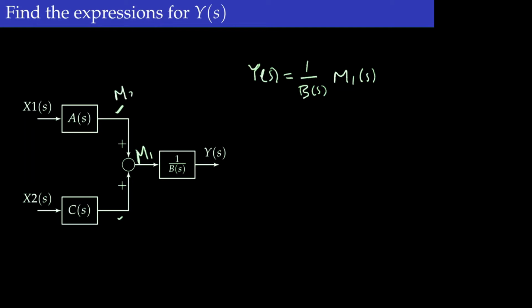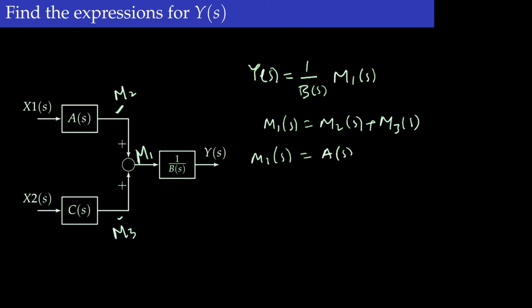If I give this one M2 and this one M3, we have M1(s) equals M2(s) plus M3(s). Now what is M2(s)? Nothing but A(s) times X1(s). And what is M3(s)? Nothing but C(s) X2(s).